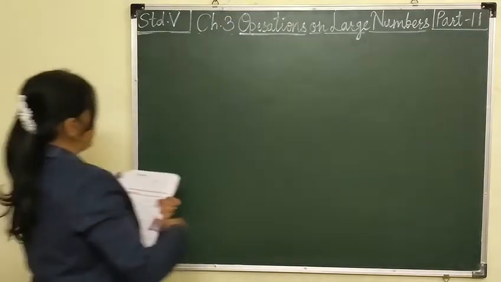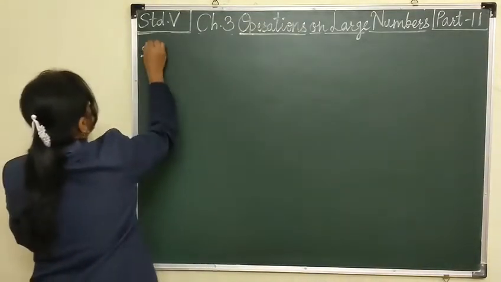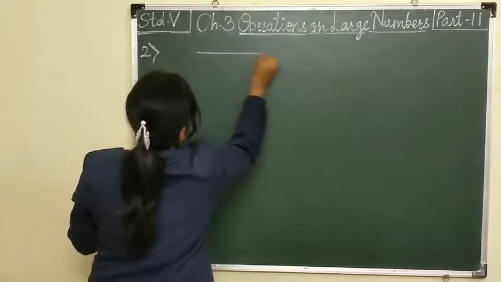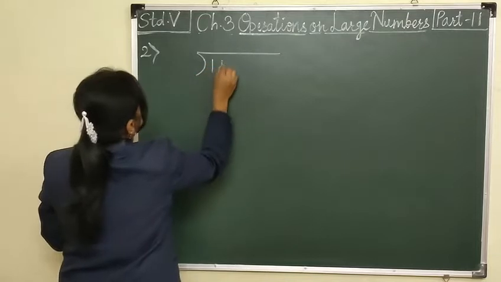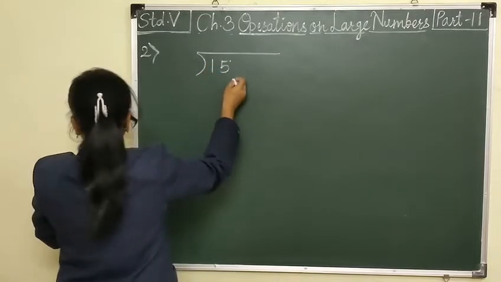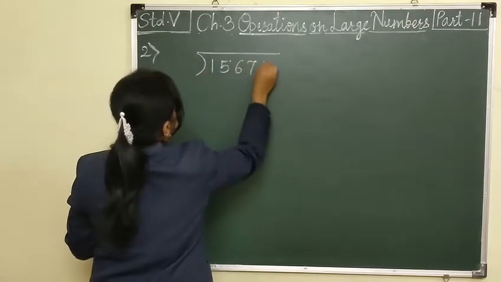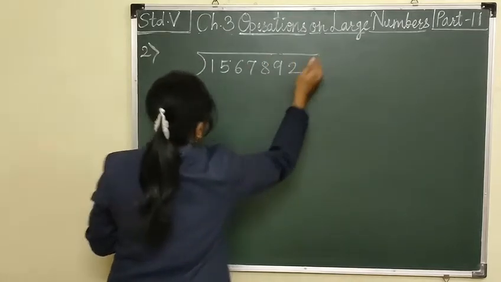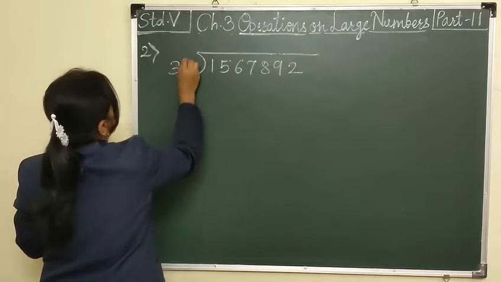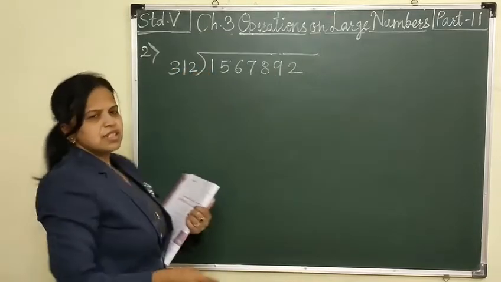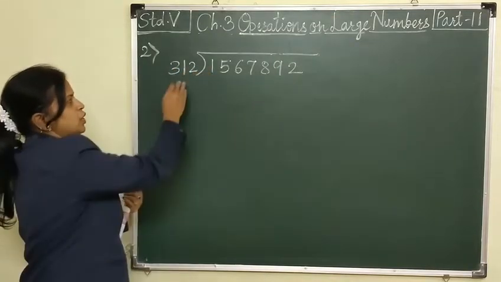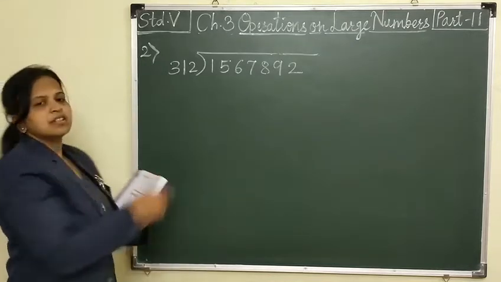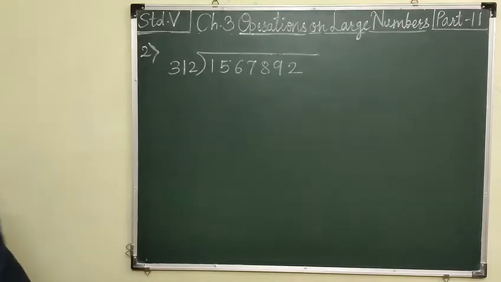See here, the second problem, that is 156789 and again 2 divided by 312. Before this we have seen 2-digit numbers as a divisor. Now here it is a 3-digit number. How to do it?